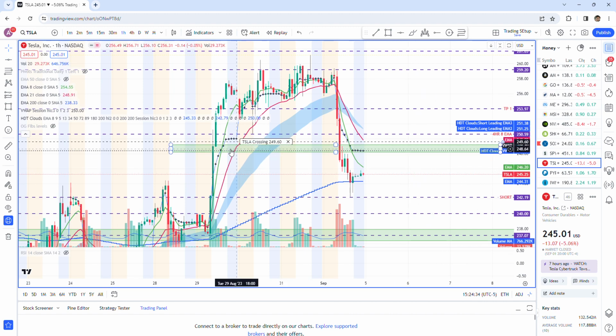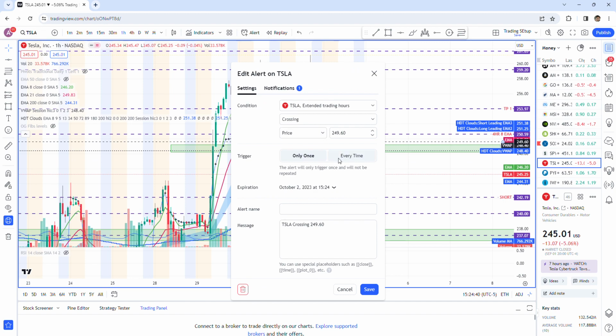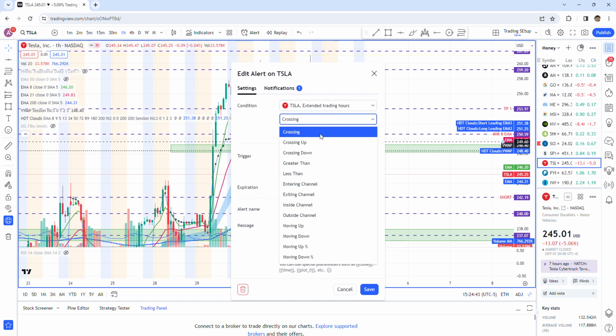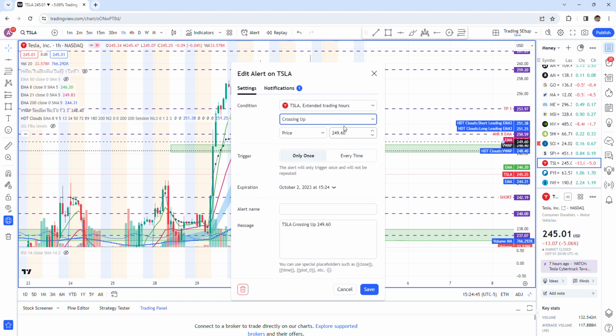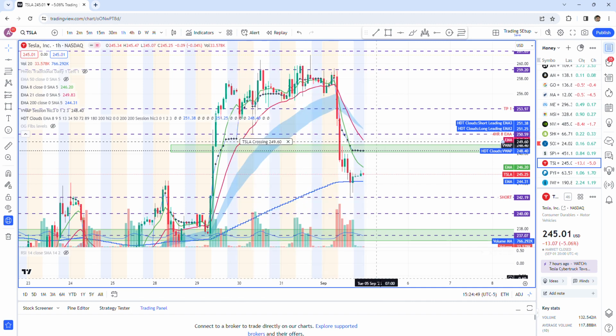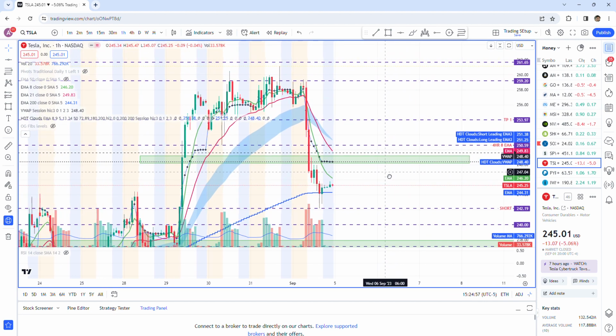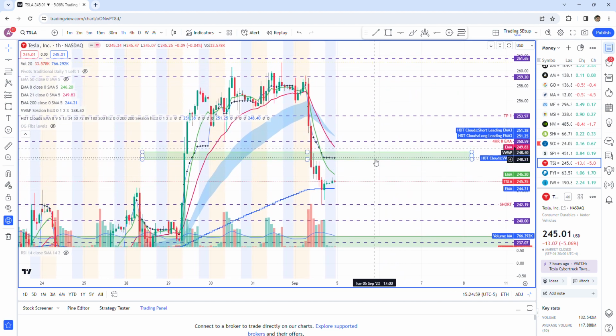In that alert, we want to make sure we are crossing up. So what'll happen is I'll get a notification sent to my phone. If I have a second to take it, I will set the trade up and put it on autopilot and let it do its thing.